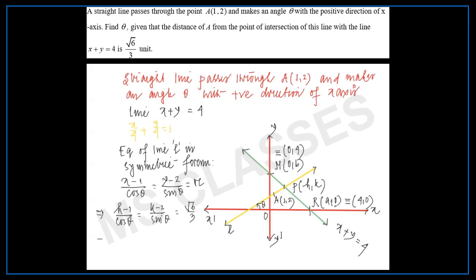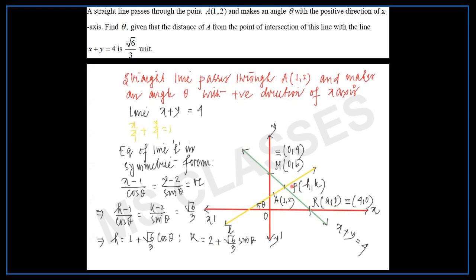Now we can find h. h is 1 plus root 6 by 3 cos theta, and k is 2 plus root 6 by 3 sin theta.